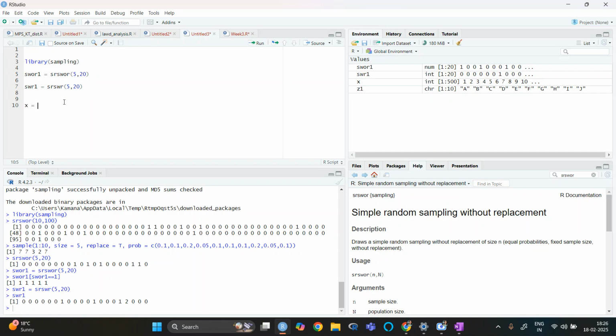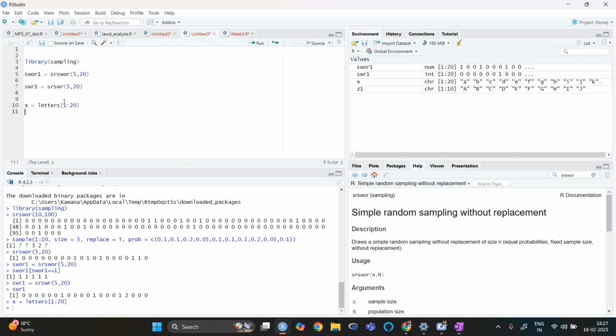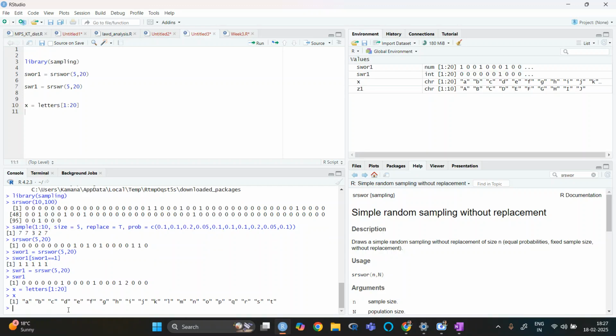Let's say x is equal to letters, 1 to 20. So my x is basically a b c d e up to t.